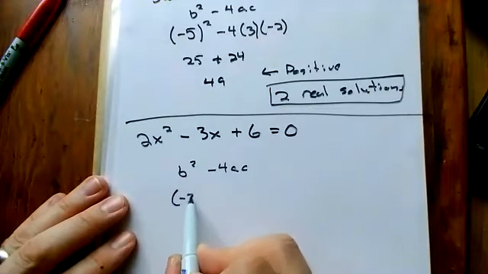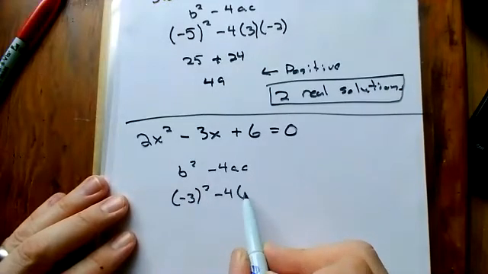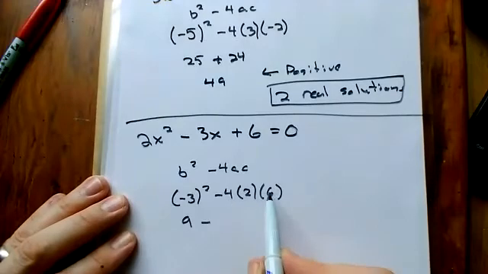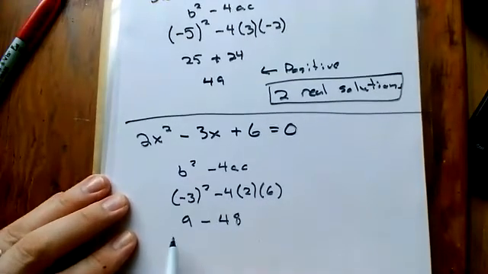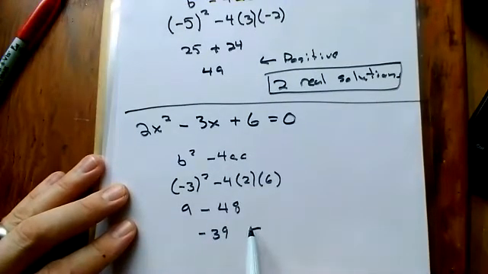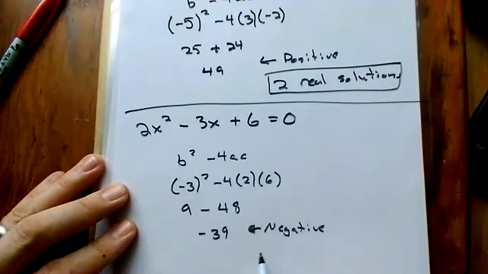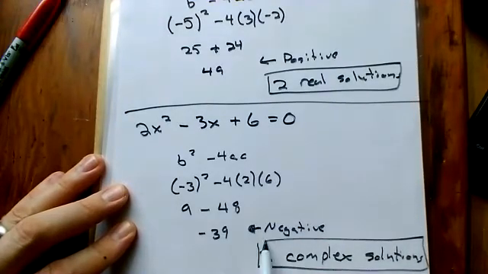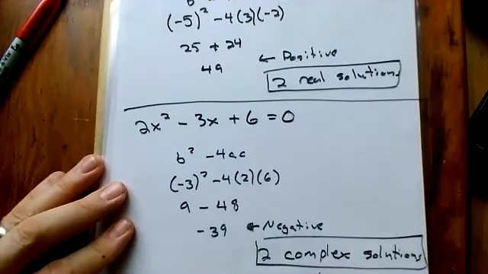So here I'm going to have negative 3 squared minus 4 times 2 times 6. I'll have 9 minus 8 times 6, which is 48. So this would be negative 39. Because this is negative, I would have 2 complex solutions. So that's no real solutions on that one, but 2 complex solutions.